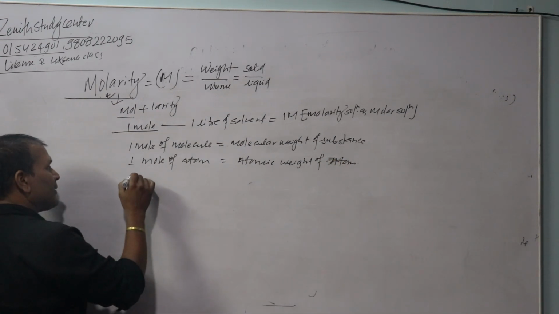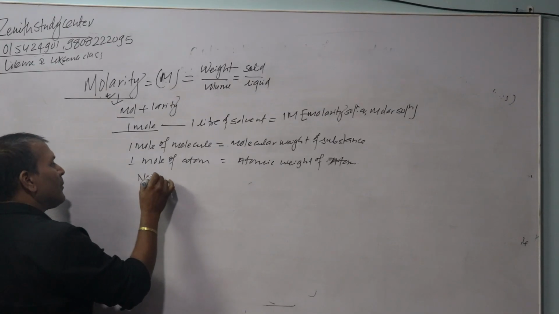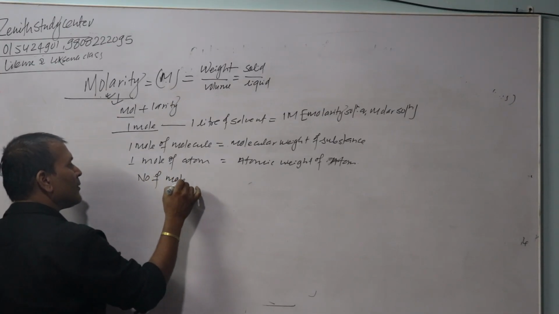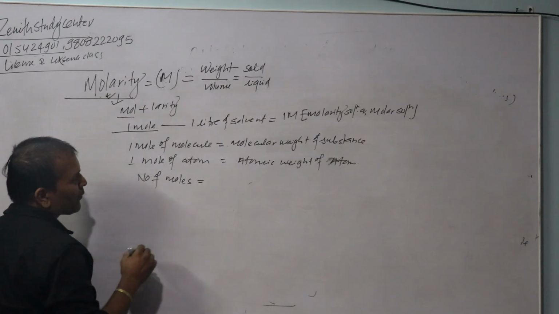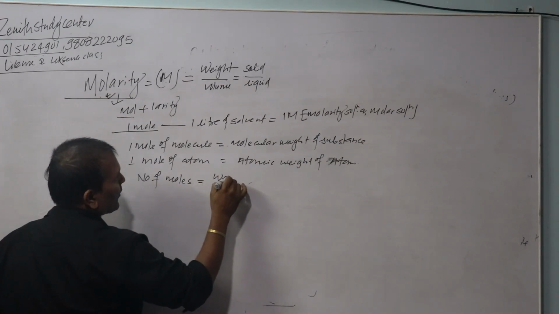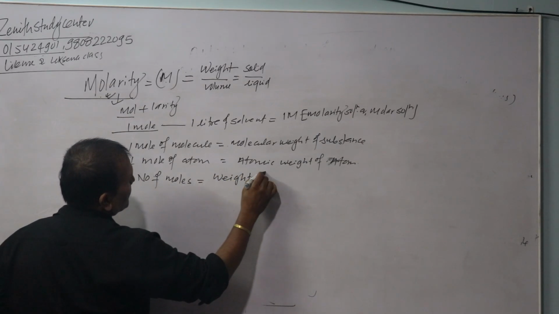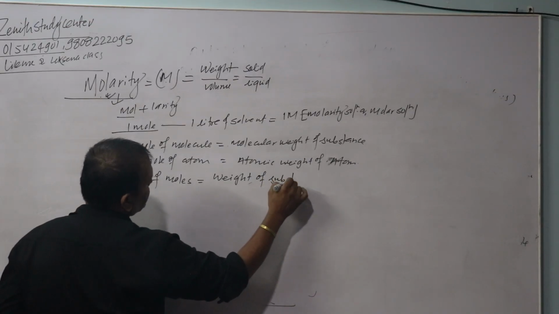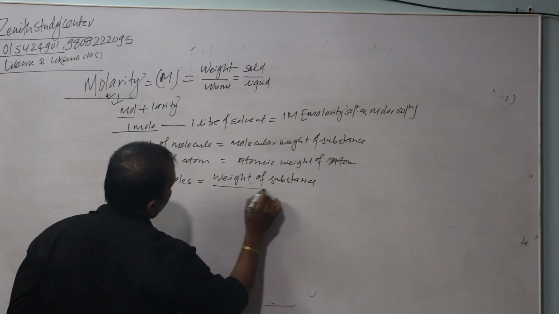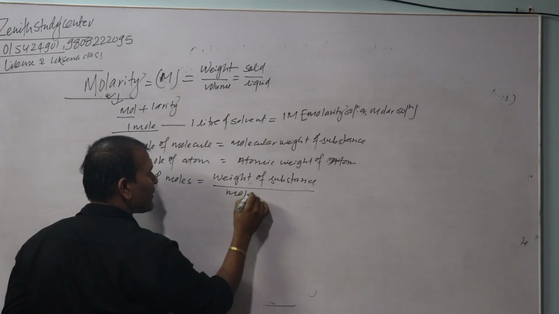So how do we calculate the number of moles? The number of moles is equal to the weight of substance by molecular weight.